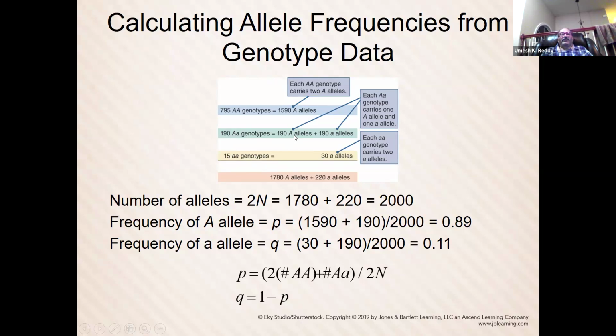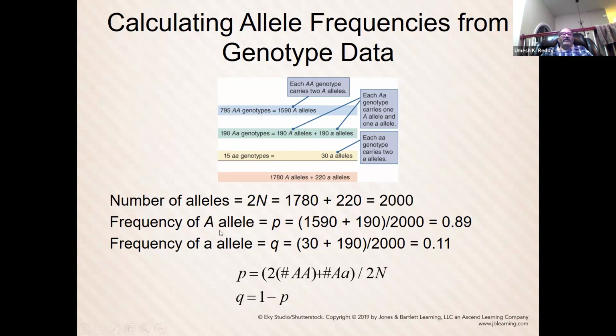So 190 of them are capital A alleles, 190 of them are small a alleles. Now the number of alleles: 1,000 people, 1,000 times 2, the total is 2000. 1780 are capital A alleles, 190 plus 1590, and 220 are small a alleles, because 190 plus 30 is 220.